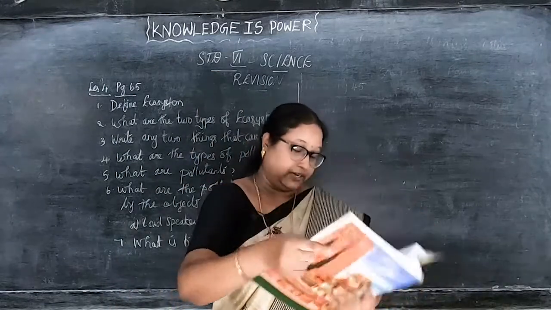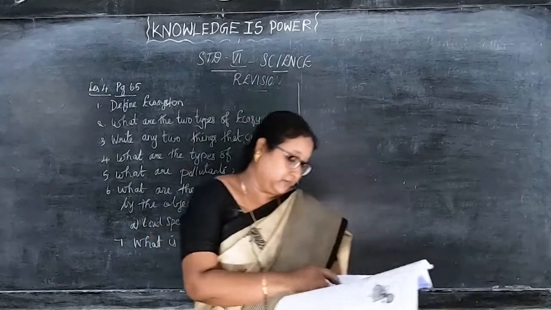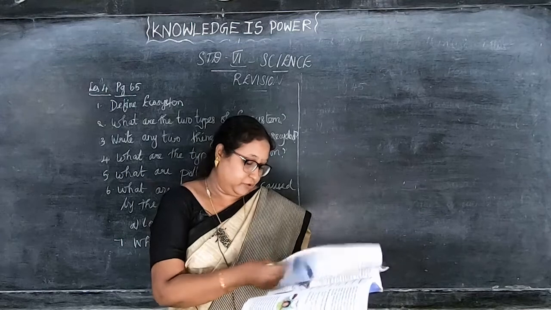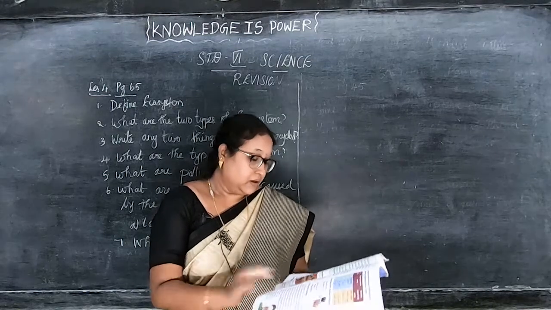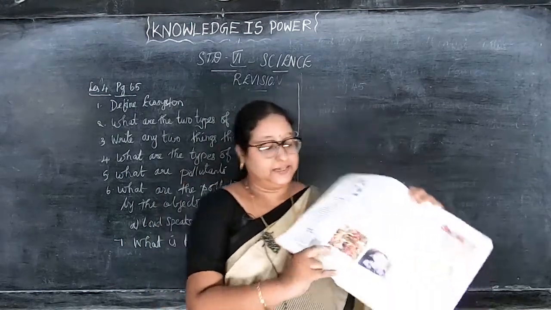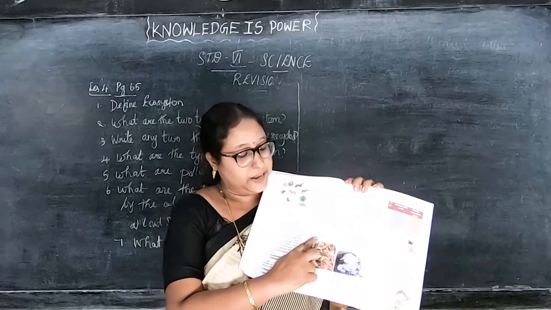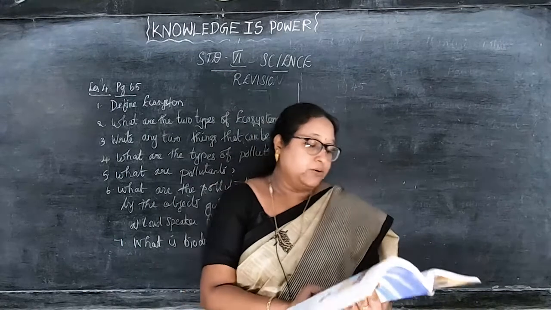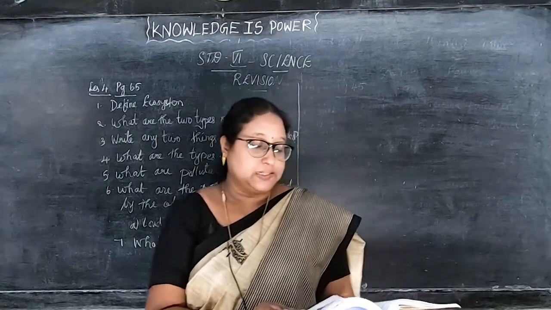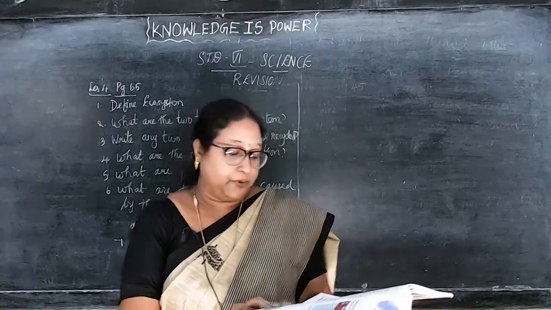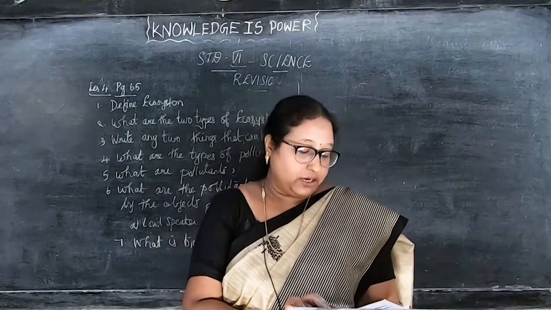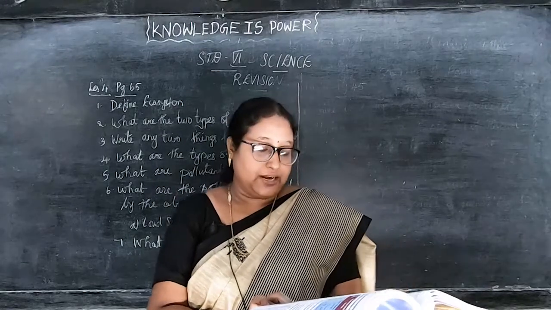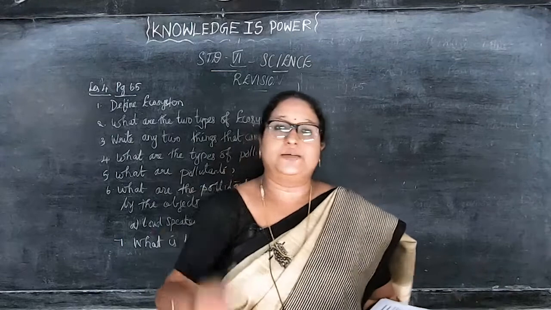Page number 54, on the right side, you can see the picture of biodegradable waste. The term biodegradable is used for those things that can be easily decomposed by natural agents like water, oxygen, ultraviolet rays of the sun and microorganisms, etc.